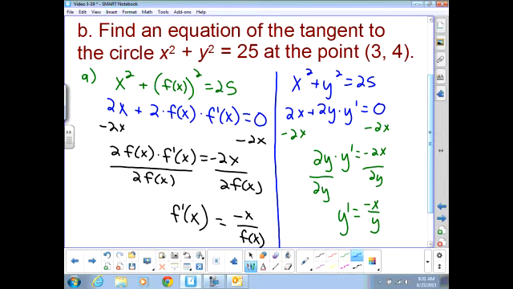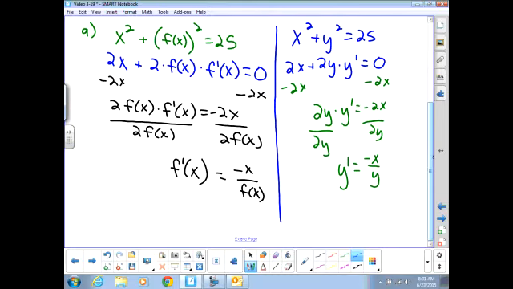Well, part B wants us to find the equation of the tangent line at 3, 4. Remember what y prime is representing. It is a function that can help give us the numerical value of the slope of our tangent line. So we can just sub in the 3 for x and the 4 for y, telling us that the slope of our tangent line will be negative 3/4.